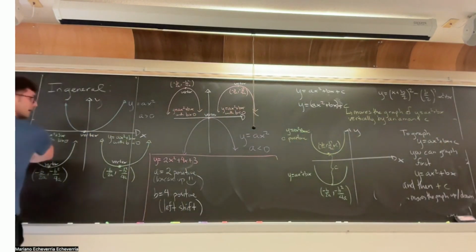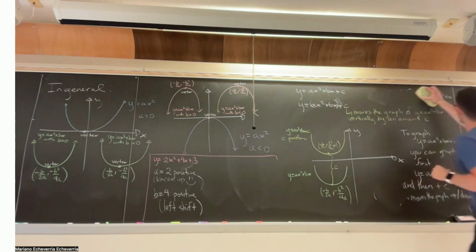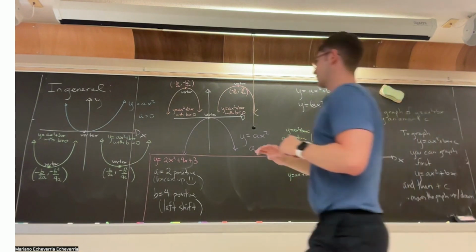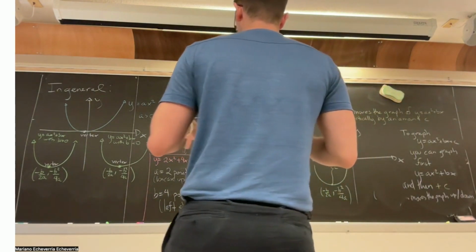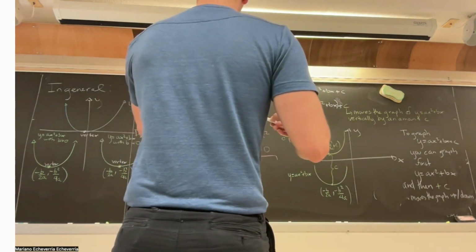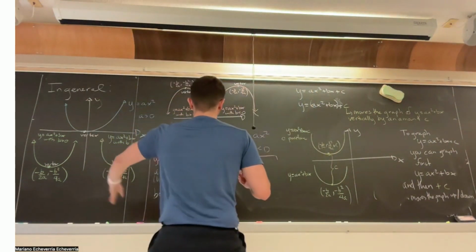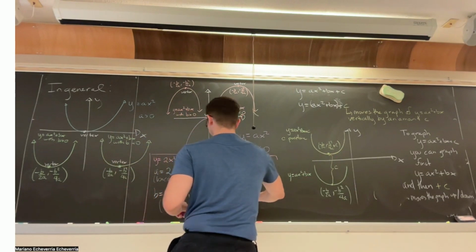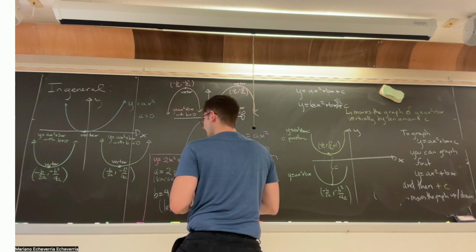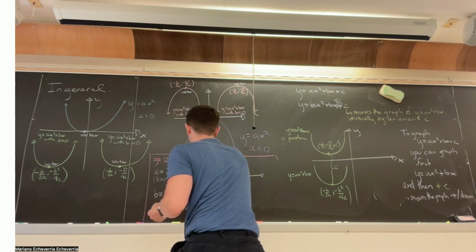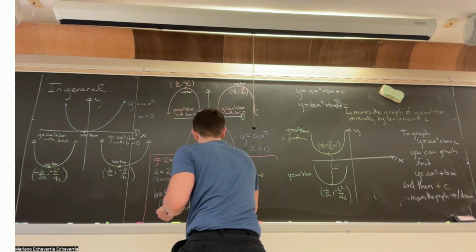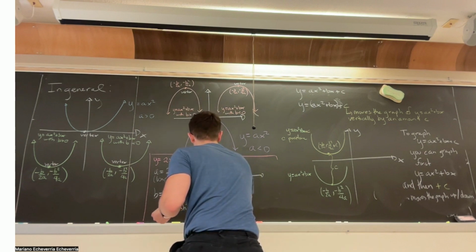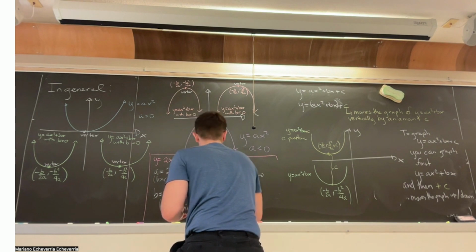I'll give you a few to try in a second after the quiz. But I'm just saying, I have to draw a happy face, move left and down. So it will look like that, and this point is going to be minus b over 2a, comma, minus b squared over 4a.